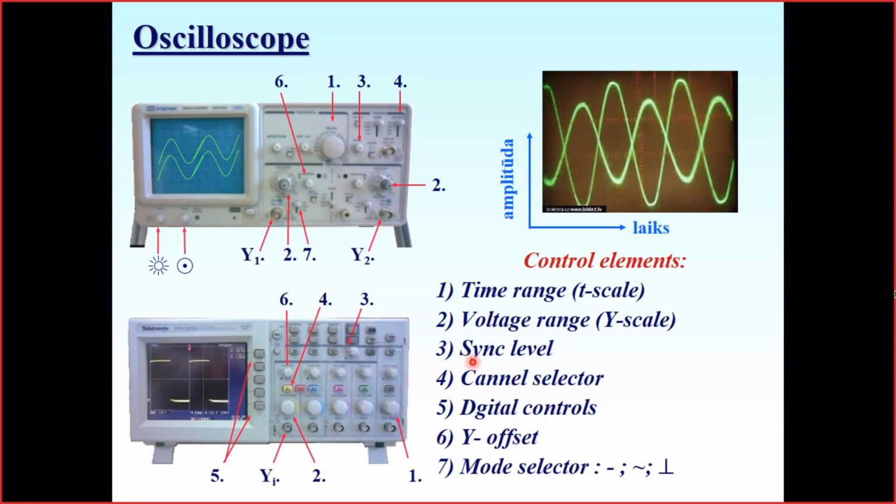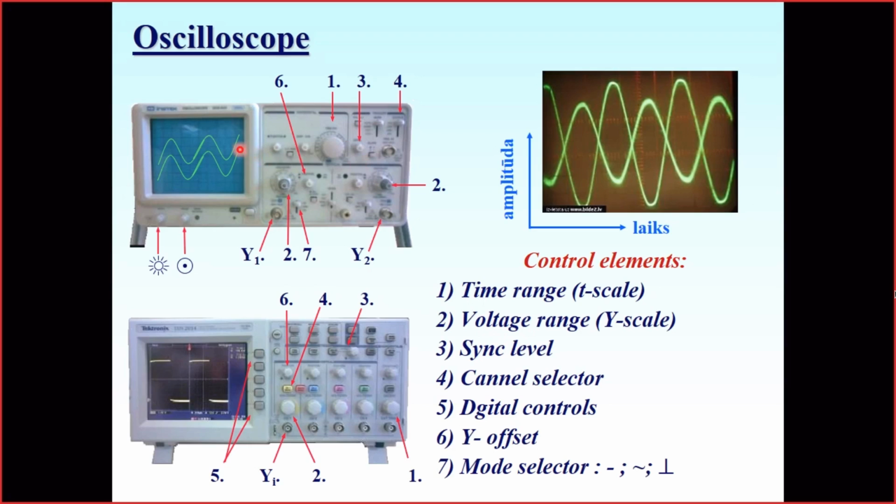There is another additional condition. We have to get either a rising signal or a falling signal. So besides the synchronization level, there is another control that oscilloscopes usually have, which selects which change of the signal level to react to. We could react to the increasing edge of the signal, or we could react to the falling edge of the signal.